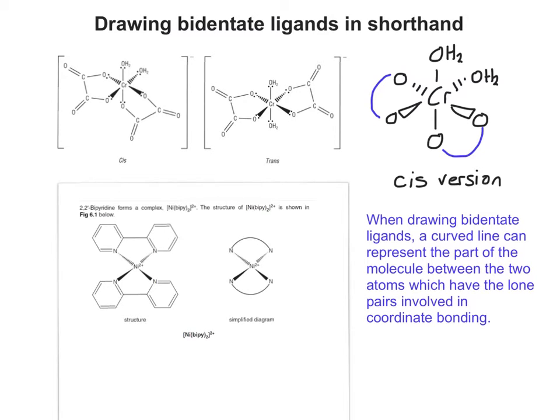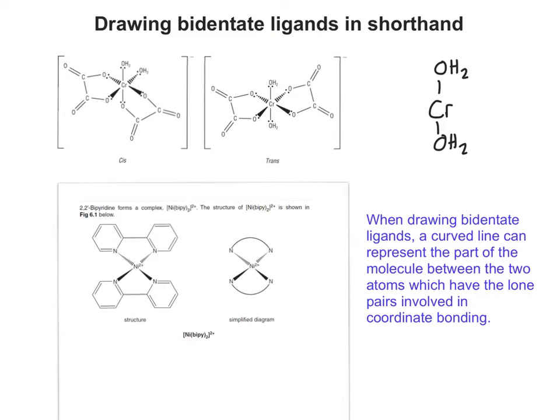So now I'm going to show you the trans version. And the first thing to notice is that the water ligands are placed differently, aren't they? So if you look at the trans version, you'll see what I mean. And I've just highlighted them there to draw your attention to them. So again, I draw in my dashes and my wedges to represent the 3-dimensional structure.